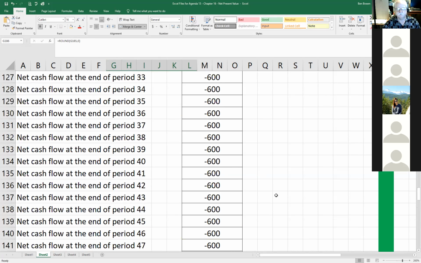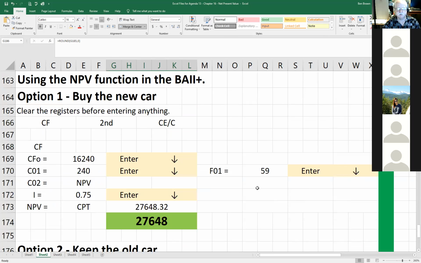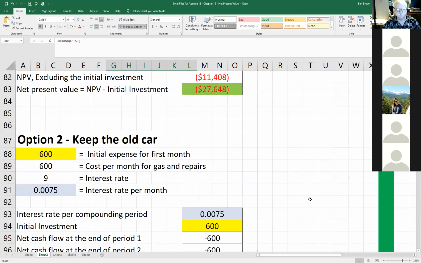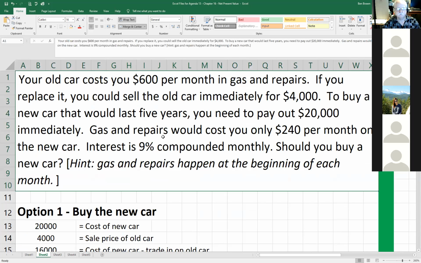So the nice thing about the BA II Plus is you don't need to list every period separately. So any questions on how that worked before we try another one? See what else they can do to ruin our day here.